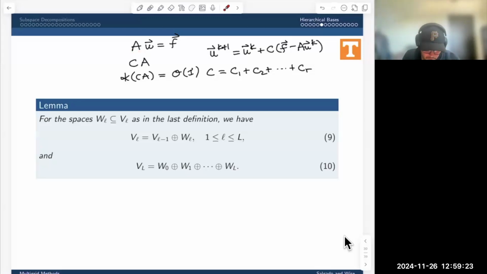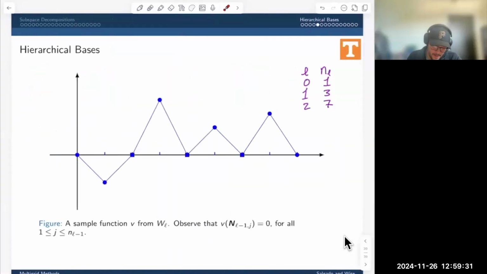So last time we were building these things called hierarchical bases and hierarchical decompositions. I want to remind you of this case, for example. What are we looking at? Well, I don't know exactly which value L is, so it's just some WL.